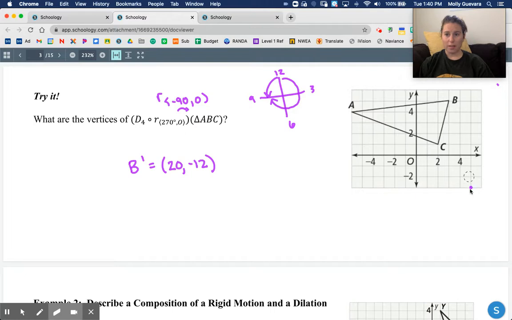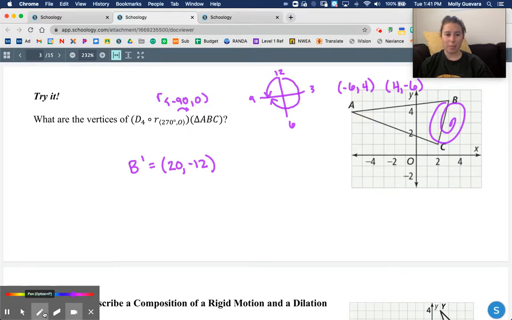Okay, now let's look at A. A is at the point negative 6, comma 4. To go 90 degrees clockwise, I would switch the X and Y. So 4, negative 6, which puts it into this quadrant. Well, this quadrant, everything's positive.